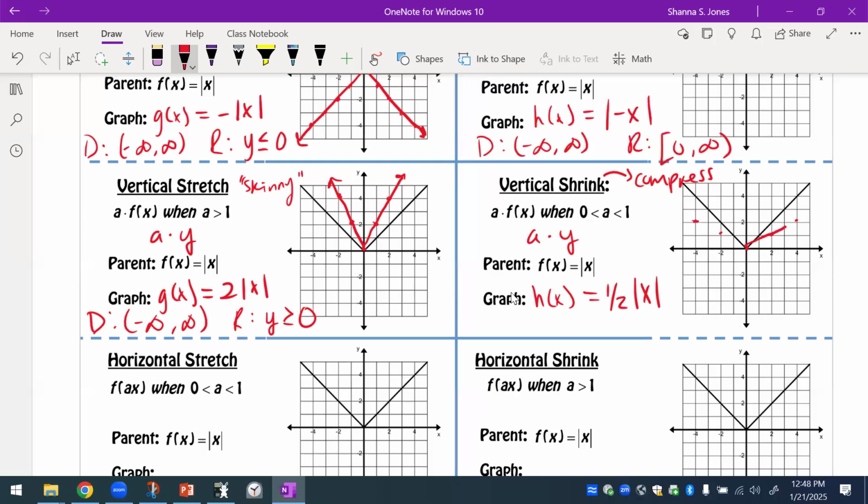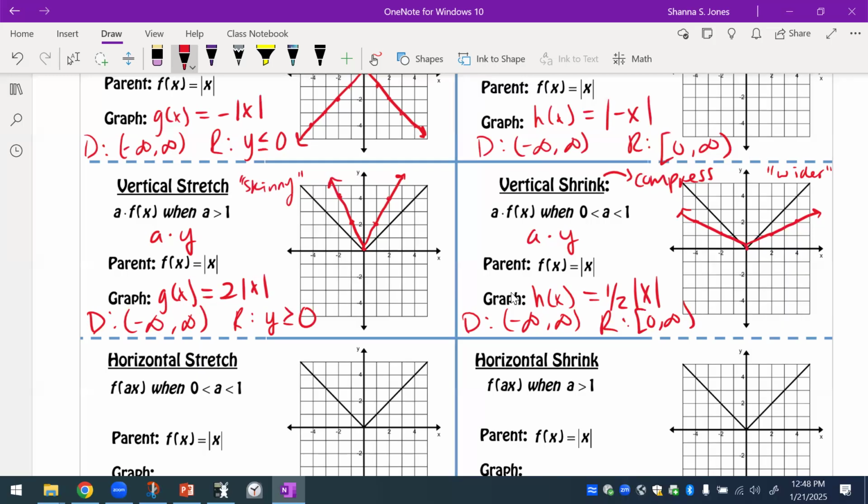So notice when I cut my workout in half, my walks in half, I got a little bit wide. Okay. So a vertical shrink or compress is going to cause your function to get wider. Okay. So the domain here is still negative infinity to positive infinity, and your range is still 0 to infinity. Your graph just now looks different. Make sense?